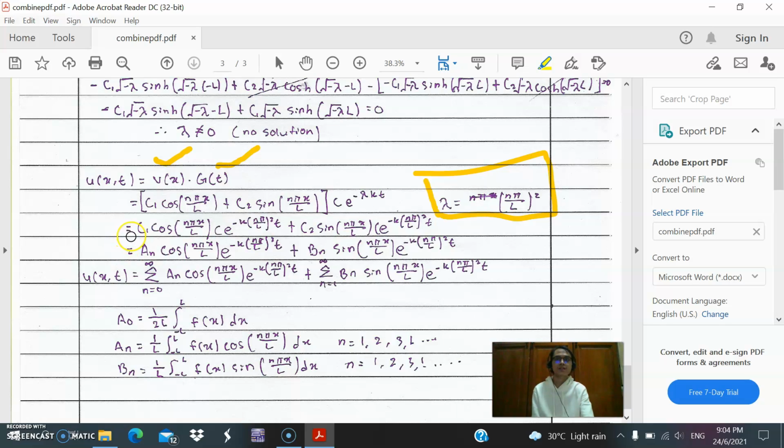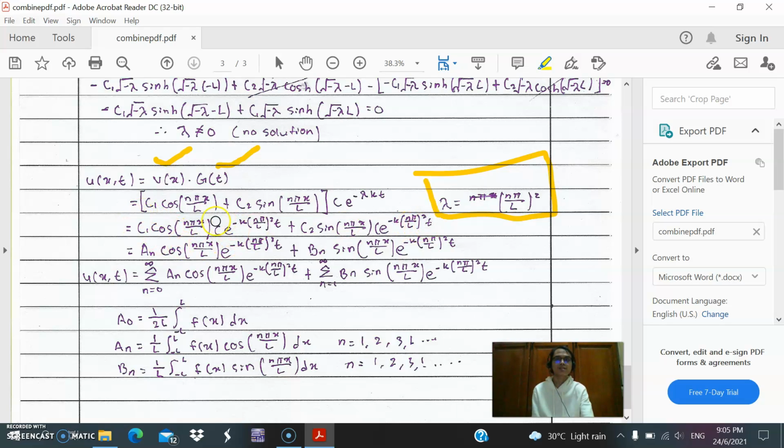So kita akan gantikan semua, darab dan gantikan lambda, kita akan dapat C1 cos n pi x over L Ce power of negative k n pi over L square t plus C2 sin n pi x over L Ce power of negative k n pi over L square t.